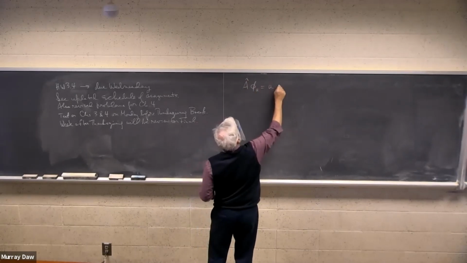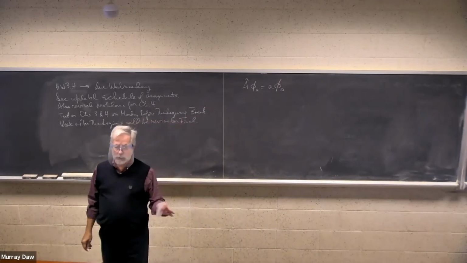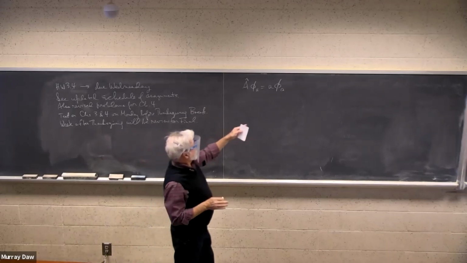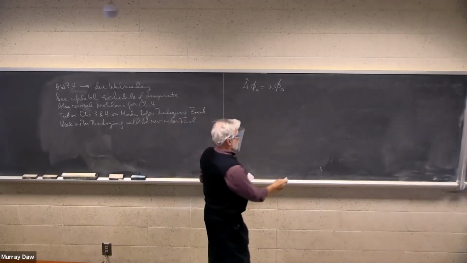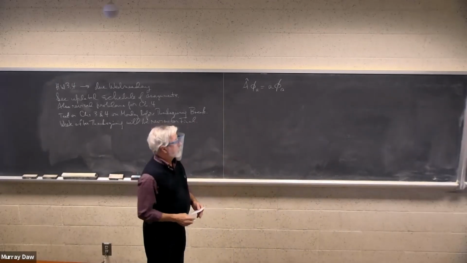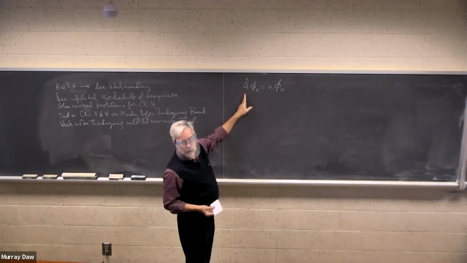Remember that we had noted an equation of this sort, where an operator acting on a function produces a constant times that function. This is called an eigenfunction problem, an eigenvalue problem. The set of eigenfunctions depends on the operator.